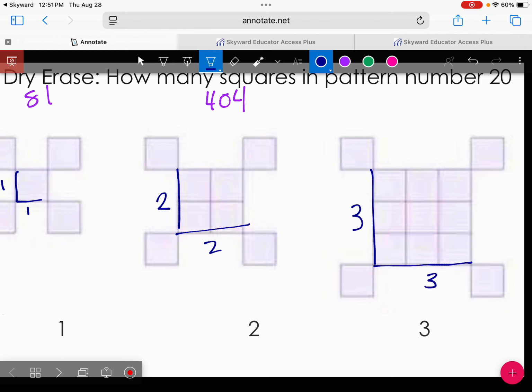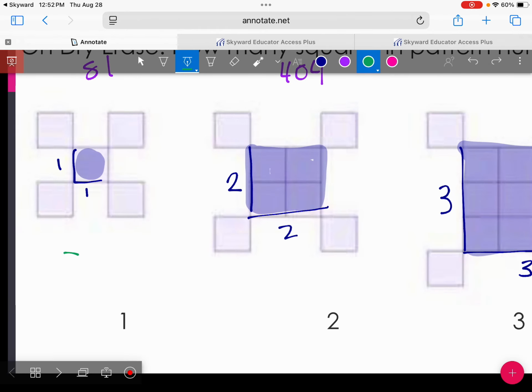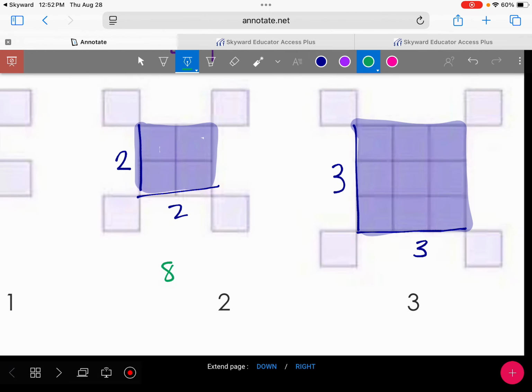Looking at this little piece, the only thing that's changing is this center piece. It's growing out in each direction by 1, so it's growing in 2 directions. That's why we wind up with something squared when we're writing our expression. Looking at the number of squares, here we had 5 squares, here we had 8, here we had 13.